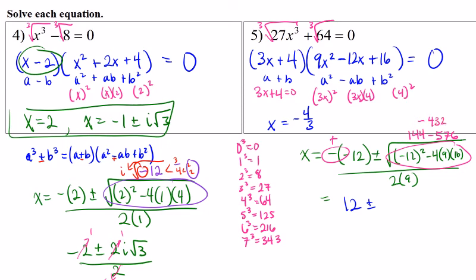And so then we take the square root of that. We're going to pop an i out. And 432, let's try to break that down. So 432 is 2 times 216. 216 is actually 6 cubed, so let's just break that down into a bunch of sixes. So 6 times 6 times 6.